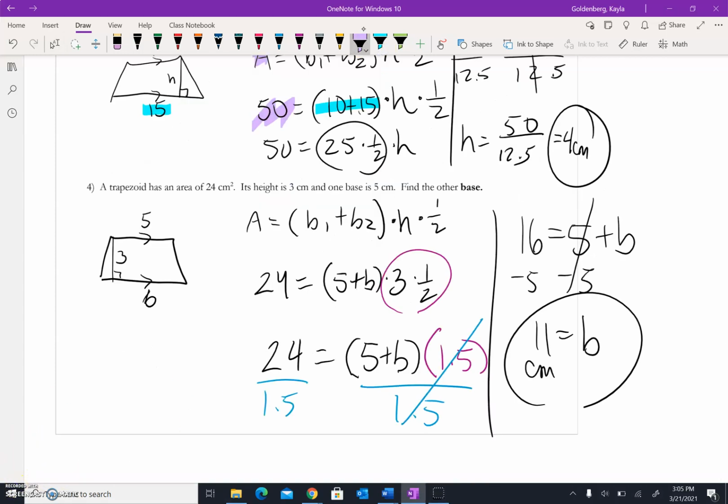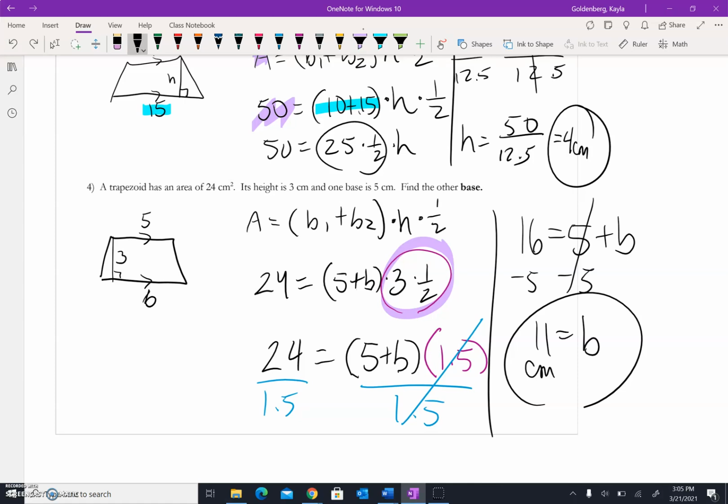So this is definitely a step up from the last problem. Just to go over the answer, my first step is I did in purple that multiplication to get 1.5. And then, because I want to get as isolated to my B as possible, I want to get rid of anything I can. To get rid of that 1.5, I divided by 1.5 on both sides to undo that multiplication.